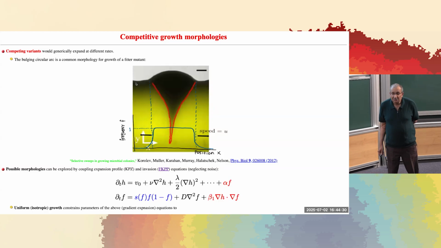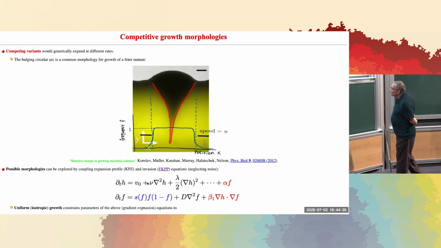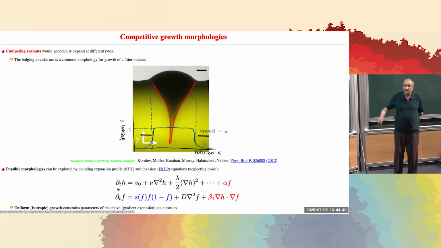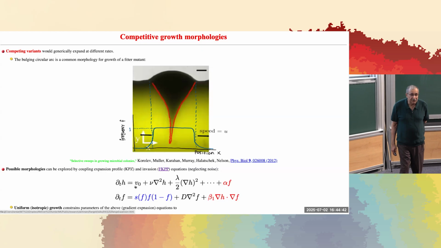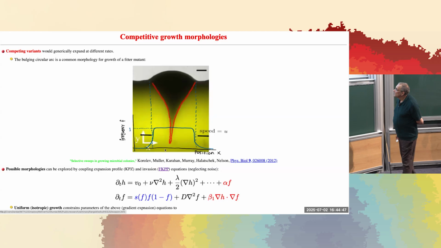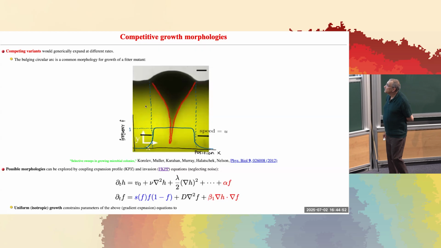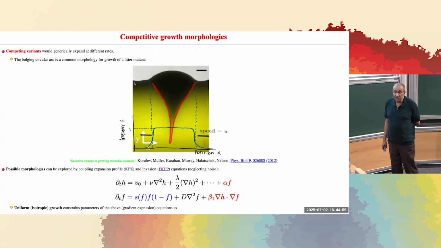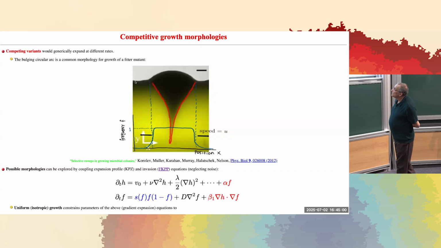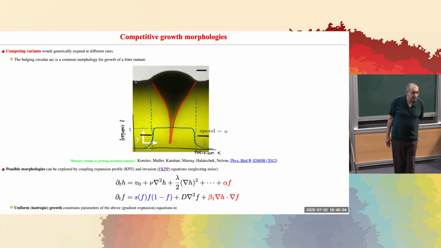So can we describe these shapes and what they could be? I already told you how the height of the front is changing. There is an average velocity, there is this nonlinearity, etc. But now we have another variable to consider, which is that when I look at the front of the interface, it is characterized not only by its height, but whether the bacteria that are at the front are of one type or the other.